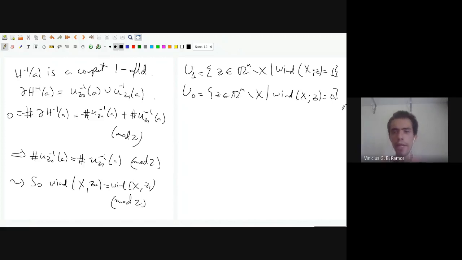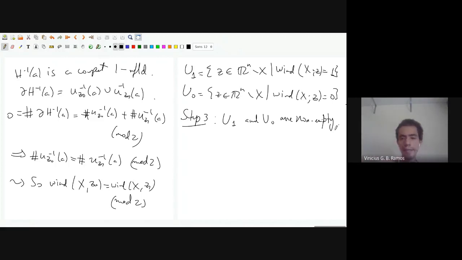So all I have to show is that these two sets are non-empty. Because I know the winding number is preserved in the connected component, and I know there are at most 2 connected components, step 3 is basically to show that U1 and U0 are non-empty.